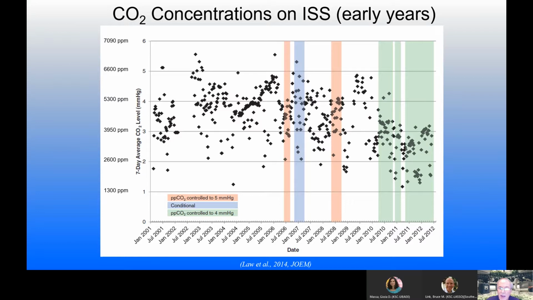So that's about 10 times the natural ambient CO2 concentration on Earth. Now they've made a concerted effort to bring that down. It's more like 1,500 to 2,000. But nonetheless, the point being, if you're open to a cabin environment, your plants might also be exposed to these very high CO2 levels.